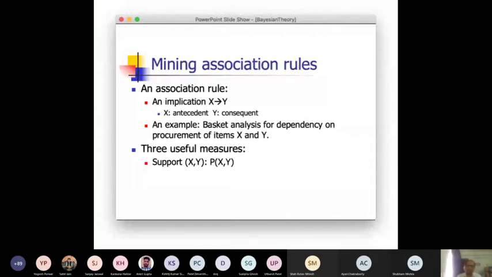So we call it the support of these two events X and Y, which means we are actually computing the joint probability. Support is proportional to this, which you can compute directly: the number of customers who bought X and Y, since our discussion is with respect to this basket analysis, divided by the number of total customers.